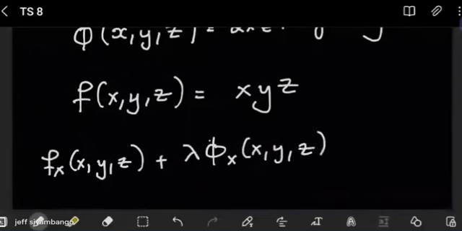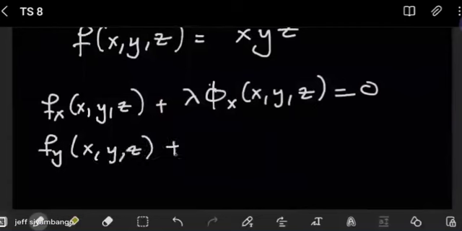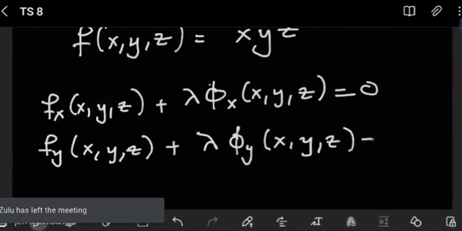Then this equates to 0. This becomes the first equation. And then also you have partial f, partial y, of x, y, z, plus the multiplier times the constraint differentiated with respect to y, of x, y, z, equal to 0.